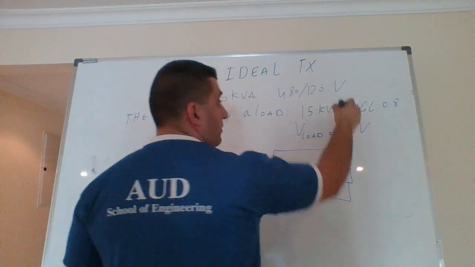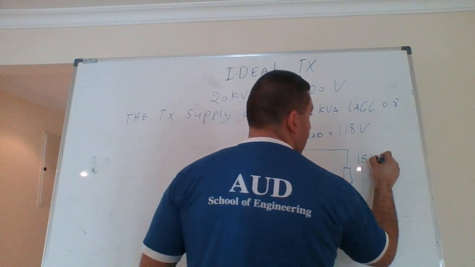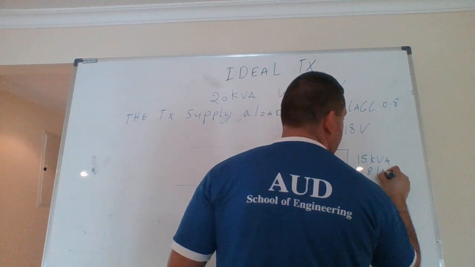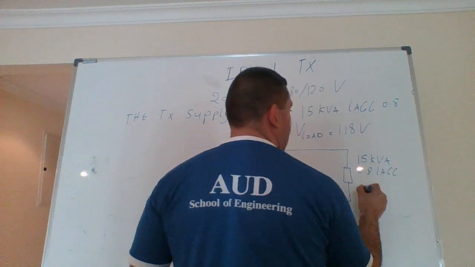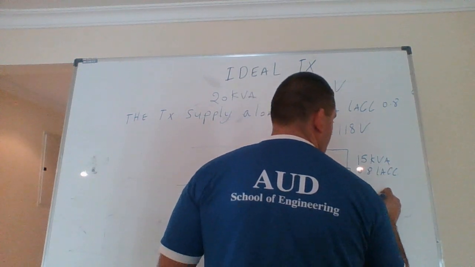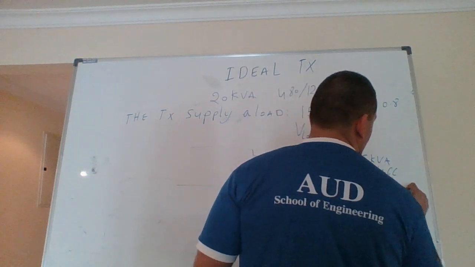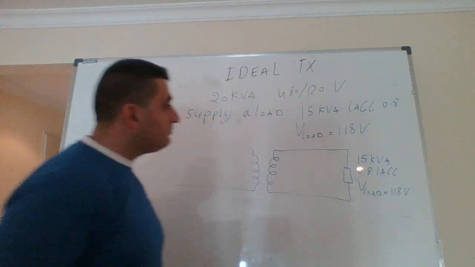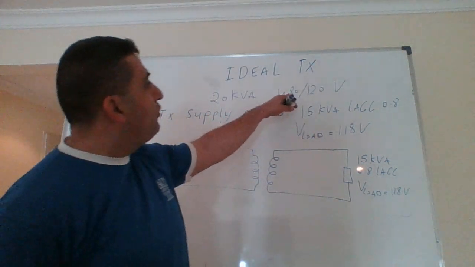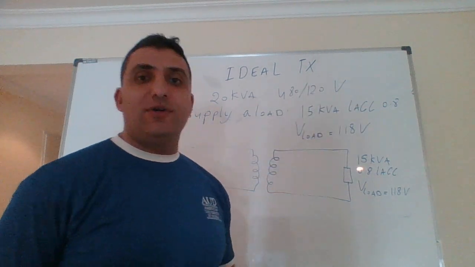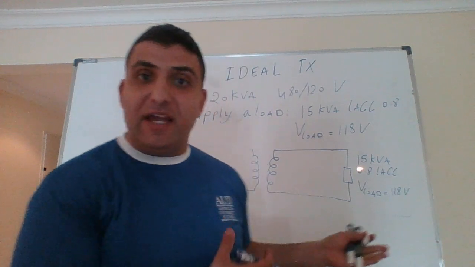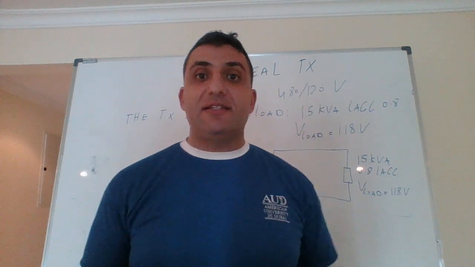This is the load. I have 15 kVA, 0.8 lagging power factor, V load equal to 118 volts. This transformer is 480 to 120 volt, which gives me the relationship of A between N primary and N secondary.